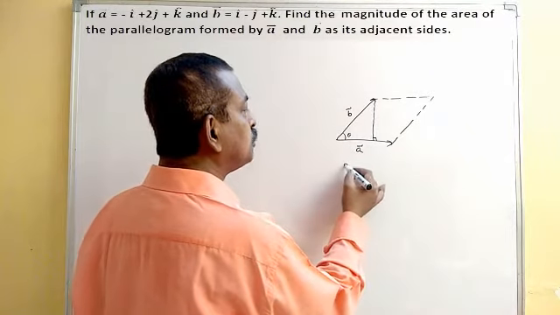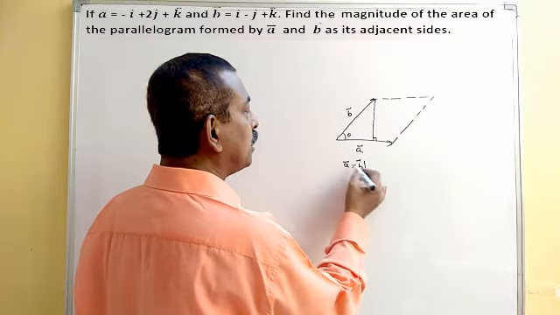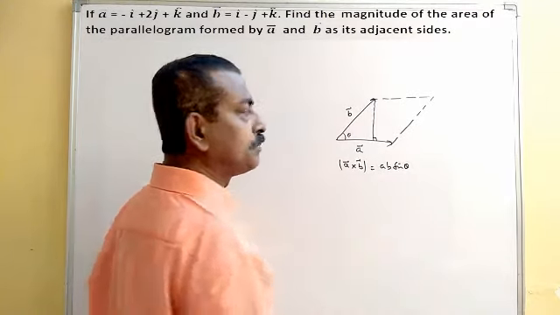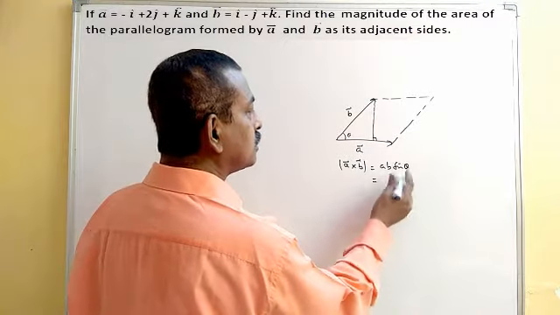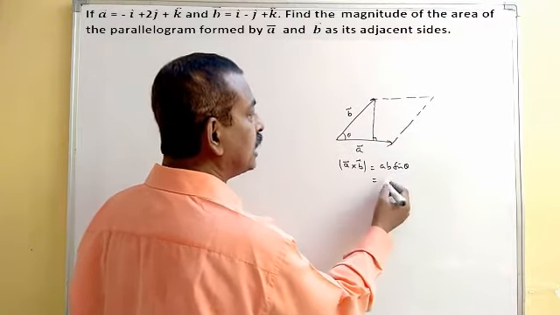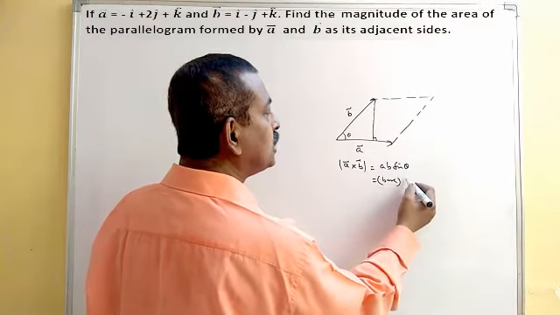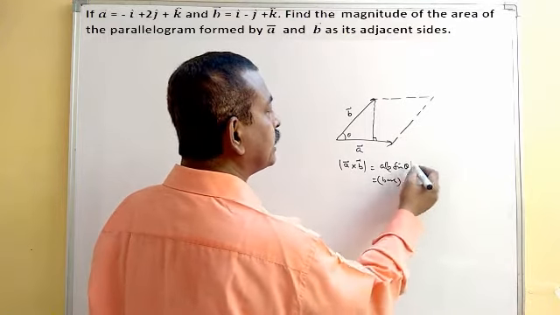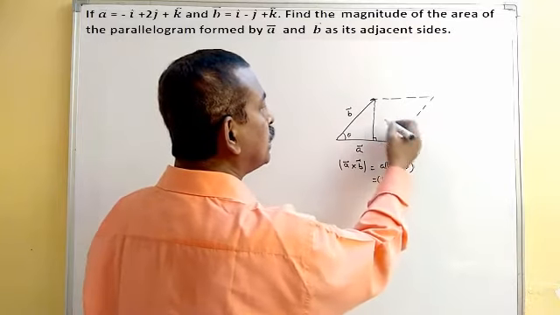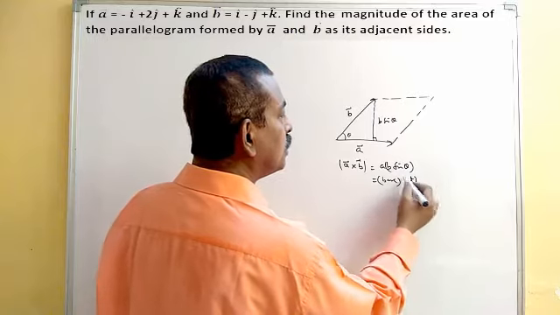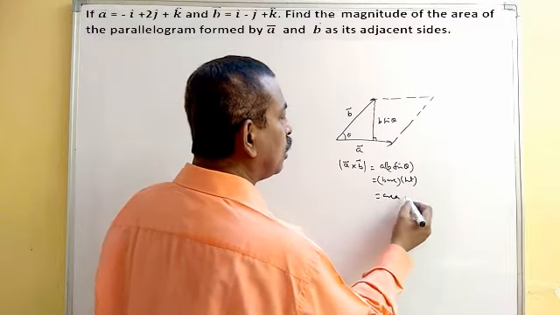That means if you take the magnitude of A cross B, this is AB sine theta. A is the base and B sine theta, which we are taking, will be your perpendicular. This is your B sine theta here, so this is your height. So this will give you the area of the parallelogram.